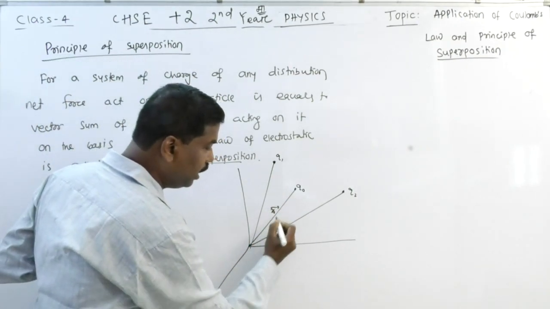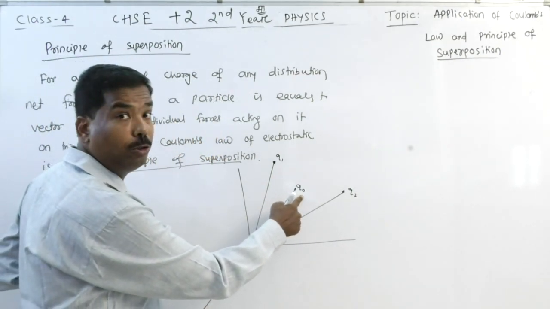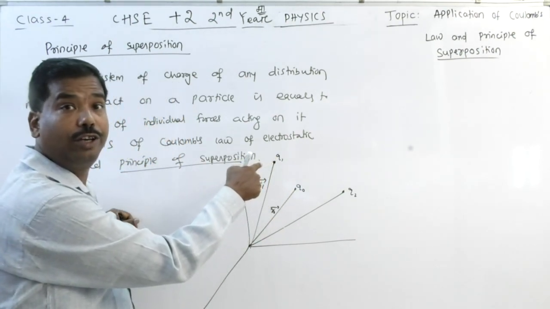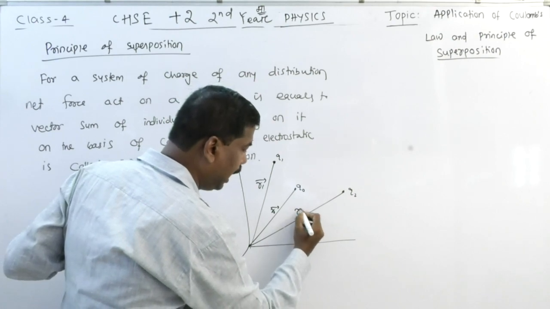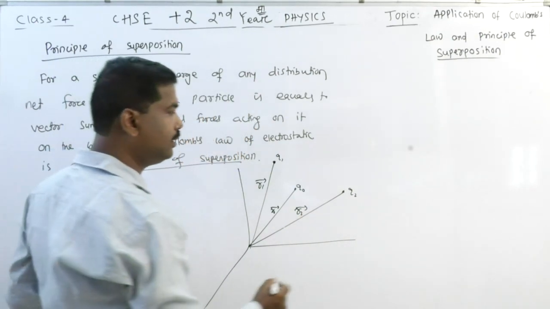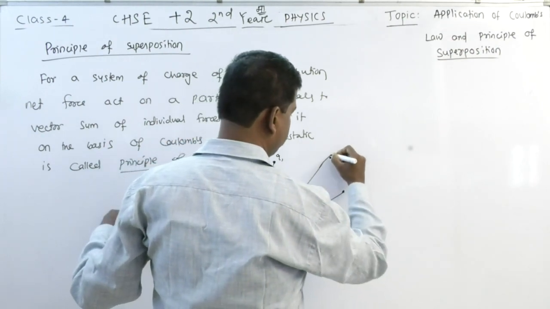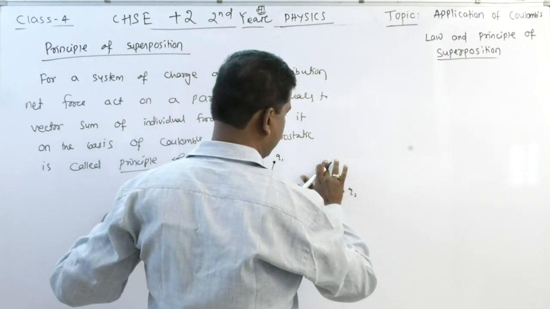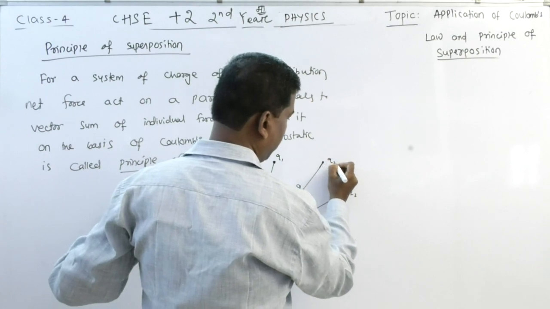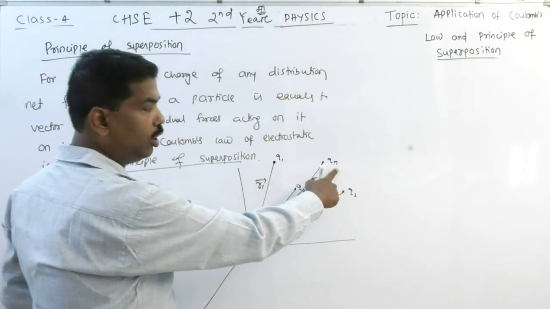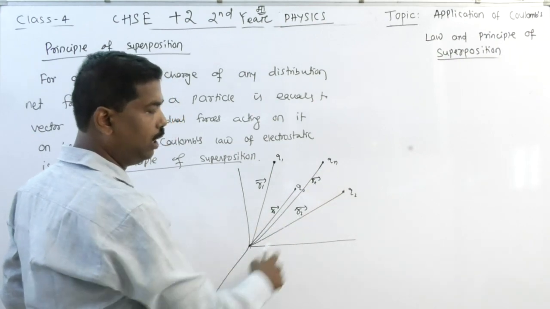R0 will be the position vector of Q0, R1 will be the position vector of Q1, and R2 will be the position vector of Q2. In such a manner, we can take another charge having position vector Rn.